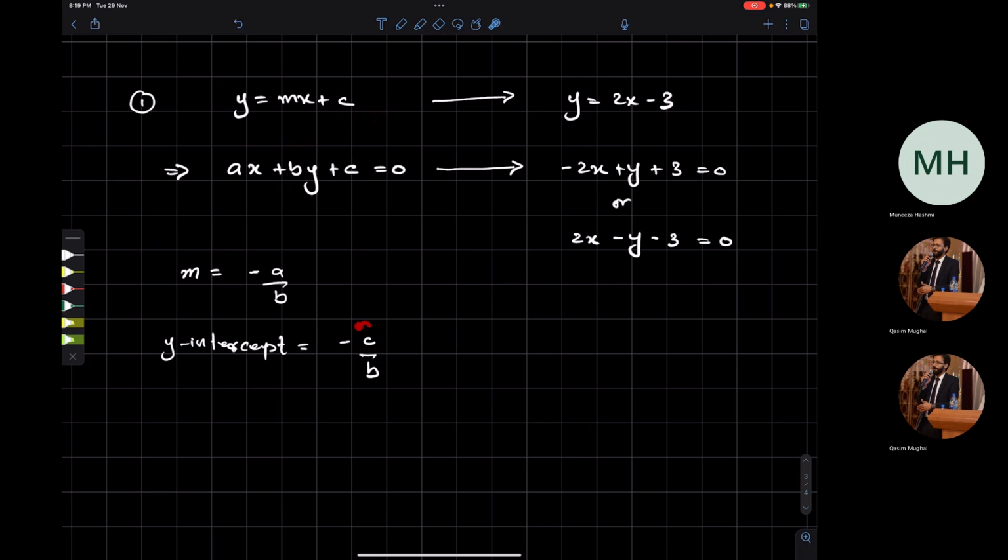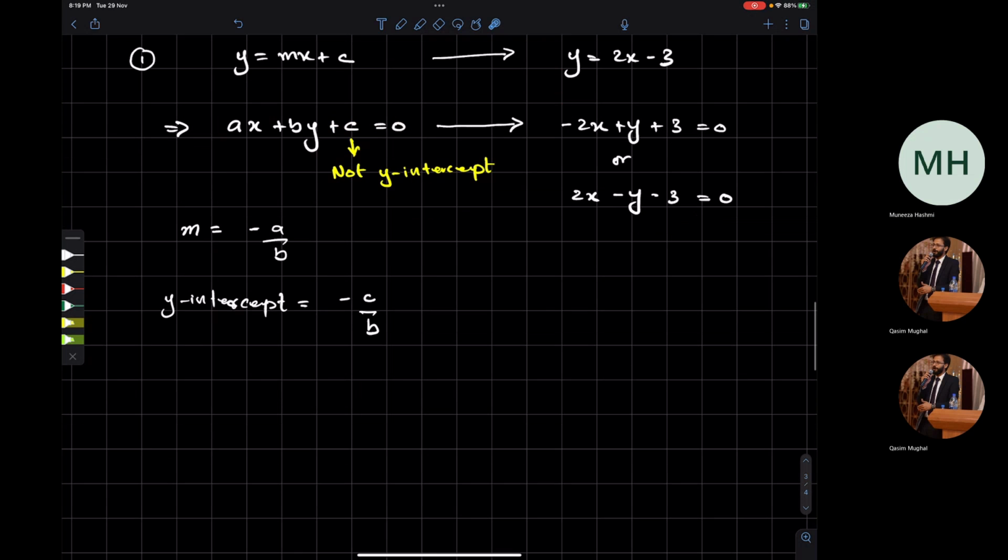In y equals mx plus c, this c is the y-intercept. In this format, you cannot say that c is the y-intercept. That is why, if you want to find the y-intercept, it is going to be the negative of c over the coefficient of y, b. All right.